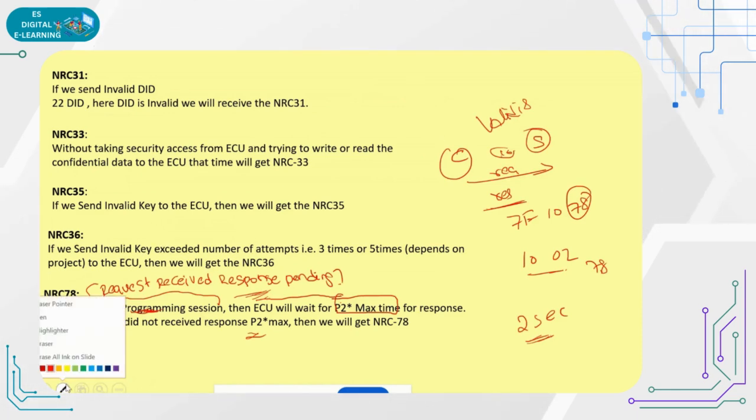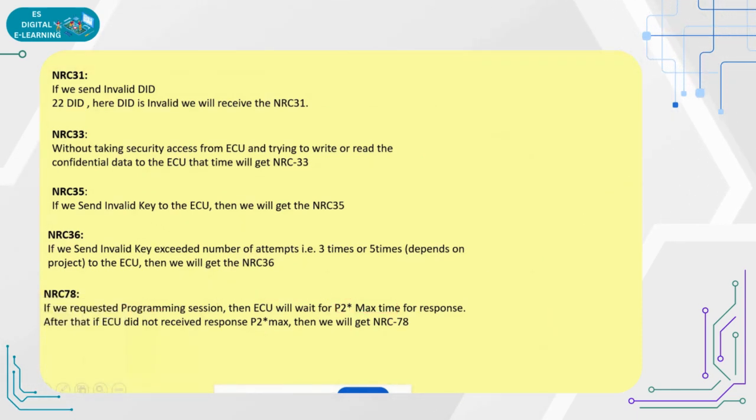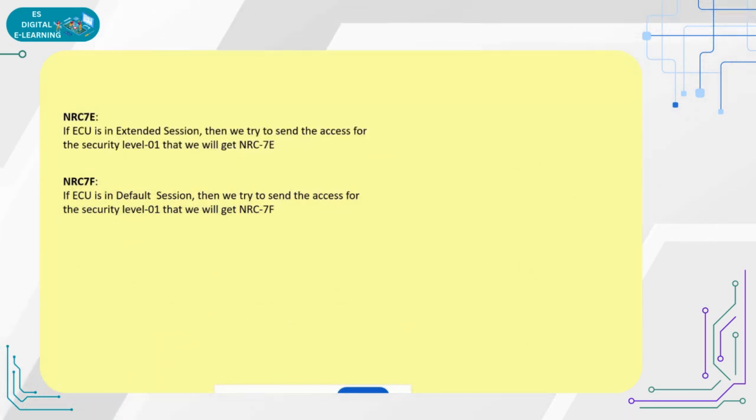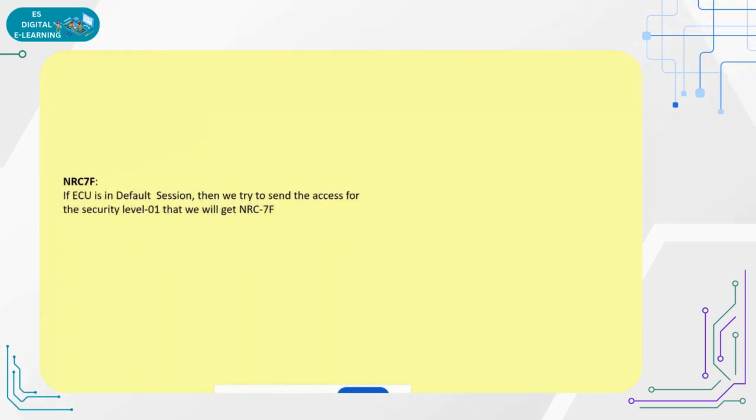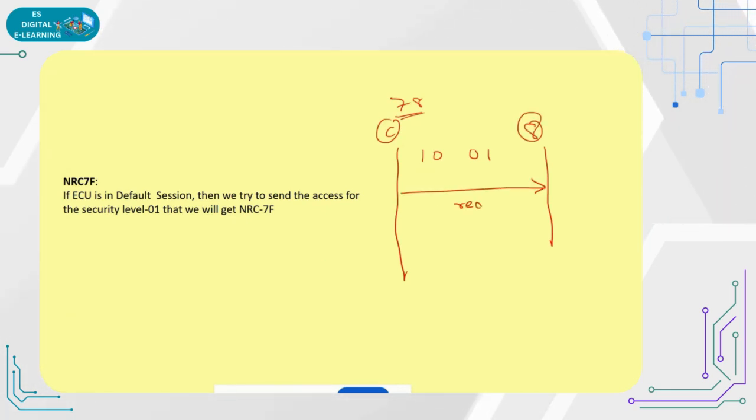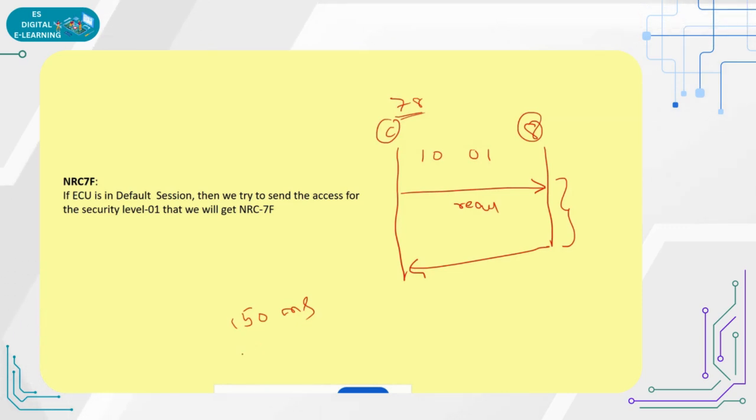Okay, it's clear. So consider here 78, if you say 10 01, the client and server. Here the request is sent successfully, and the response needs to come within a time window, like we know, between 150 milliseconds and 2000 milliseconds.